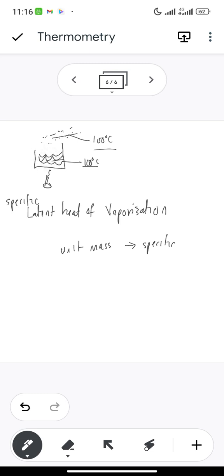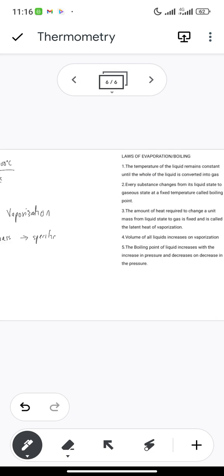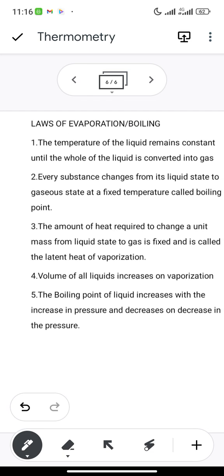Understand? So there are also laws of evaporation or boiling. Now let's look at them. We have the laws. First things first, notice that the temperature of liquids remains constant until the whole of the liquid is converted into gas.